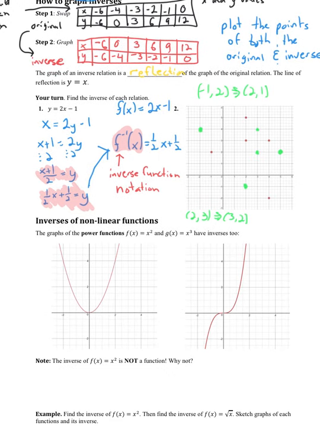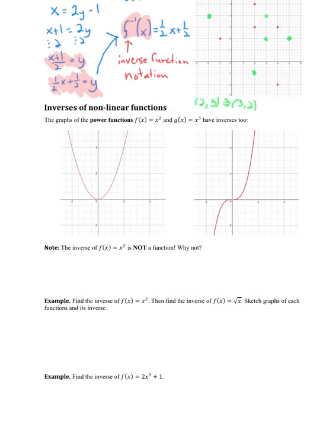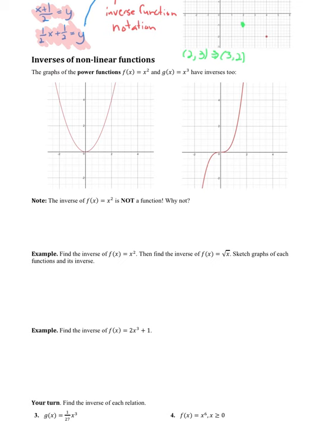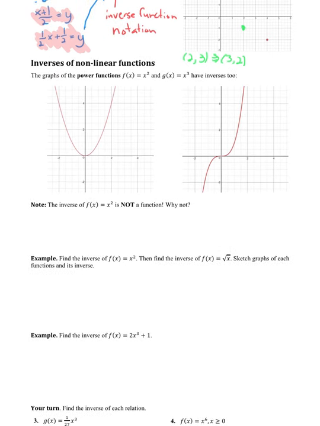Okay, it's possible that we could have inverses of nonlinear functions as well. We've talked about the graph of x squared, the quadratic function. There's also x cubed. Those have inverses too. What happens if we do the inverse of a nonlinear function like x squared?